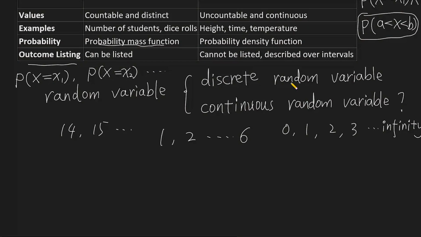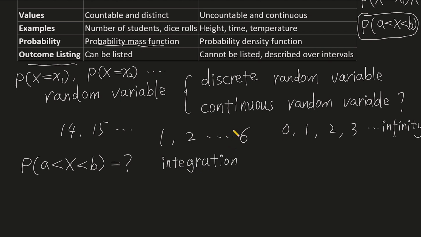Now let's go on. We said that we can find a probability like this for a continuous random variable. The question is how to find this? The method is integration.